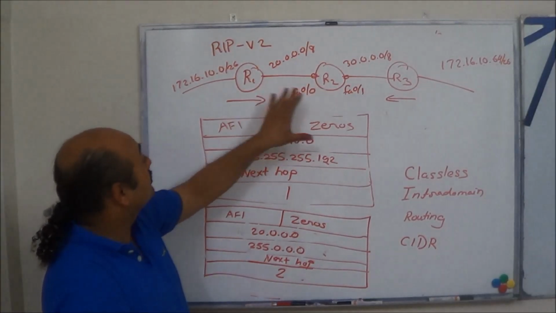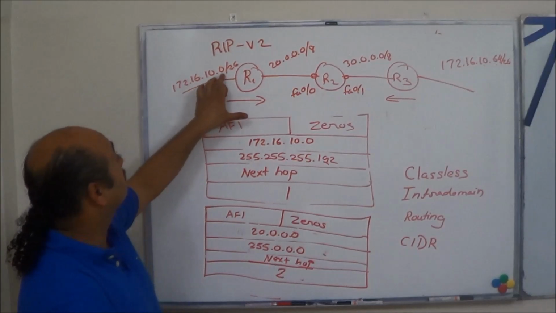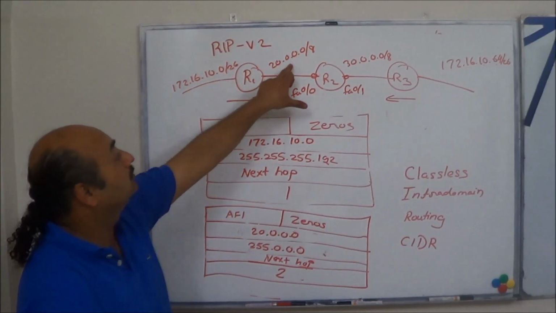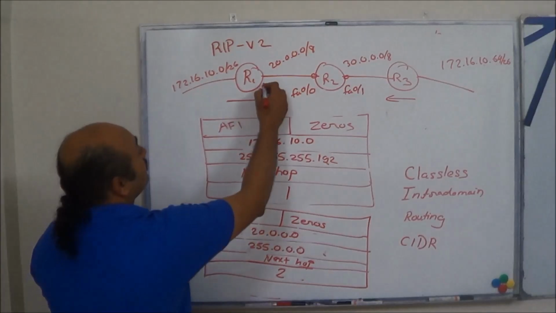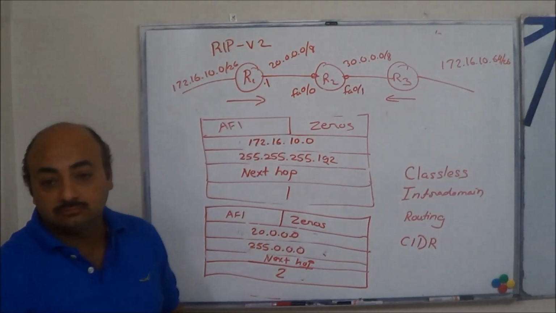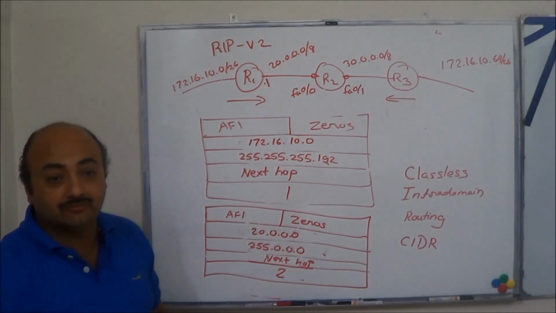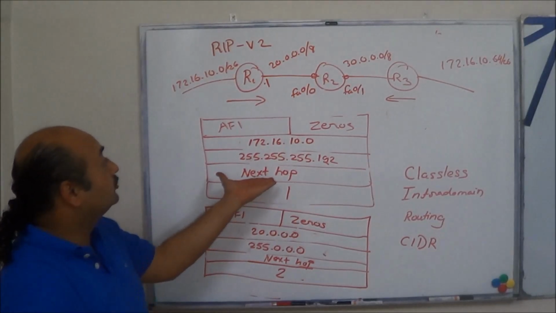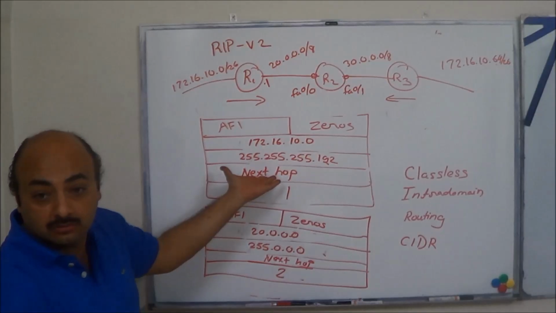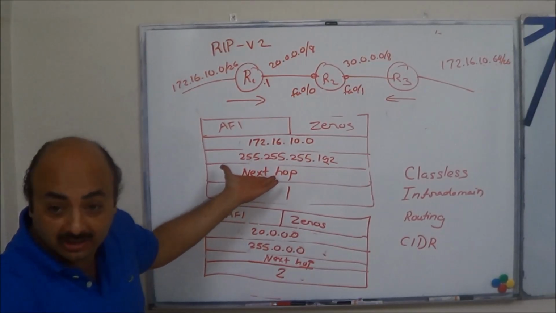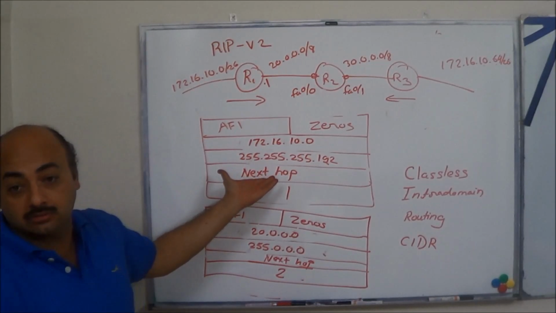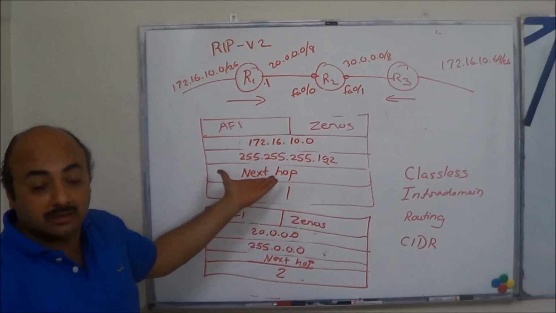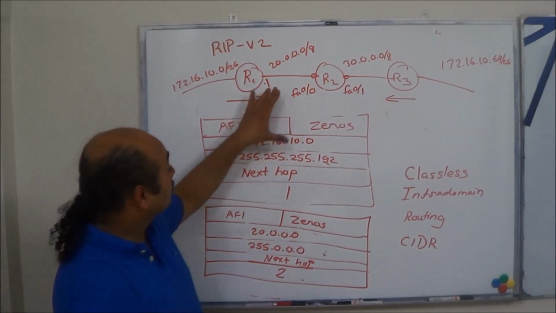So R2 is receiving information about 172.16.10.0 from 20.0.0.1. Receiving the information from this. So naturally, you will say the next hop value should be 20.0.0.1. That's what you will think, but that is not the case. So what is this?